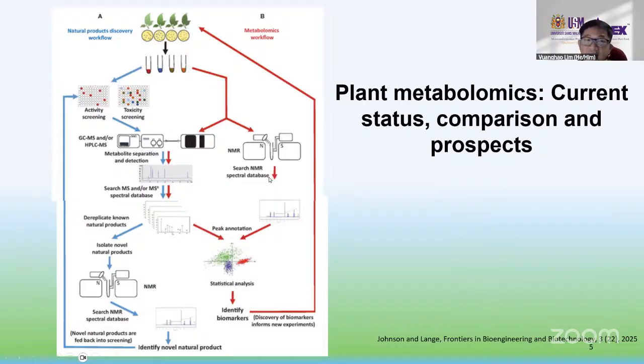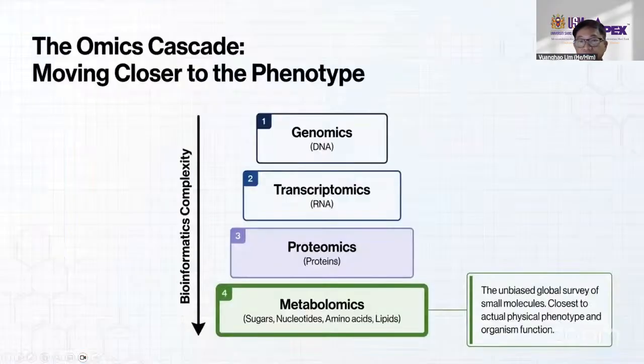Instead of asking what compound is present, we can now ask much more informative questions, such as which metabolites differentiate one species from another, which metabolites correlate with biological activity, and what metabolic pathways are involved. These developments have significantly accelerated natural product discovery.